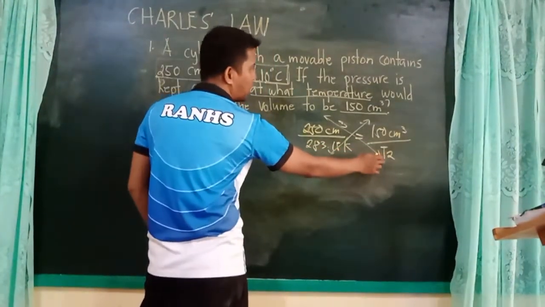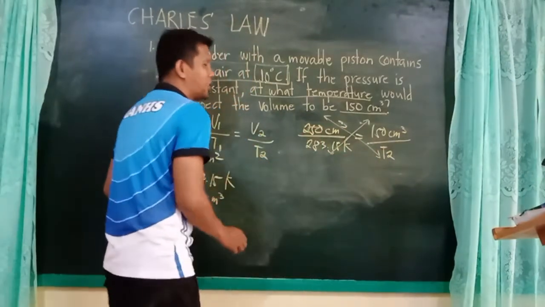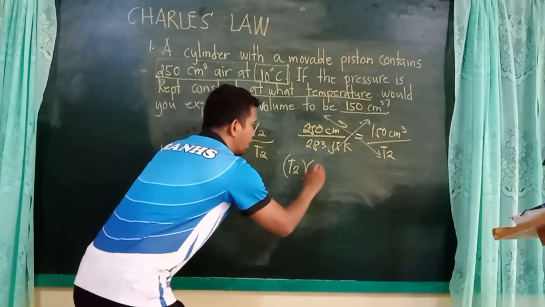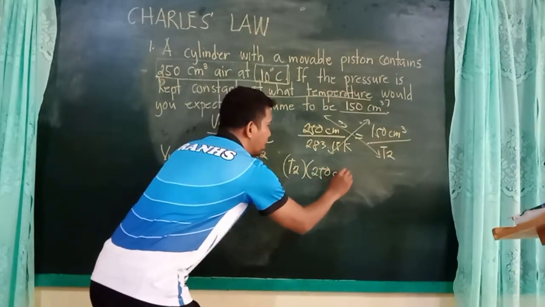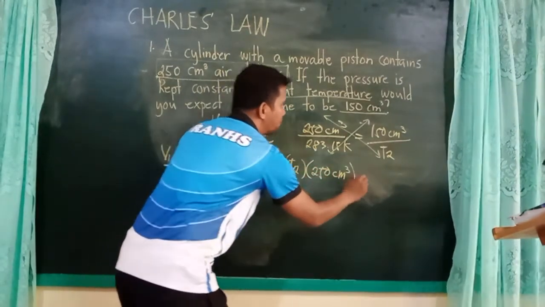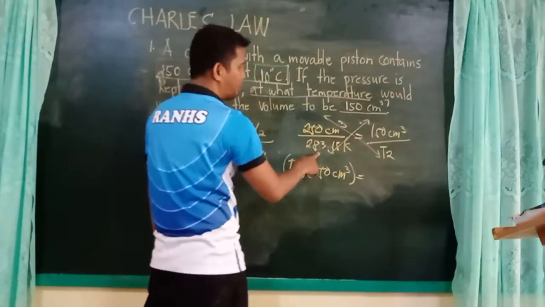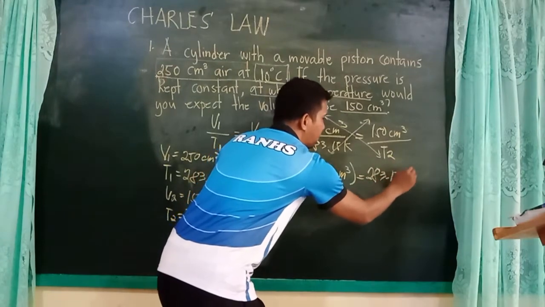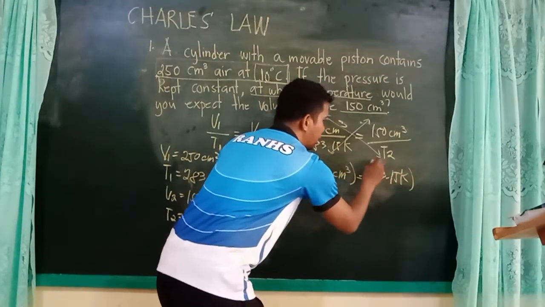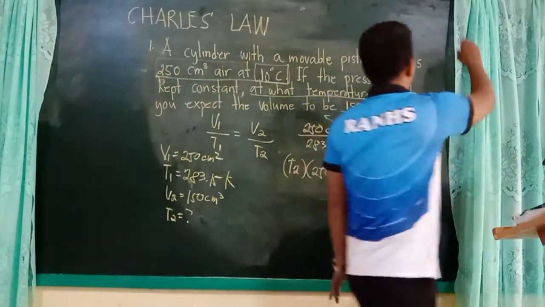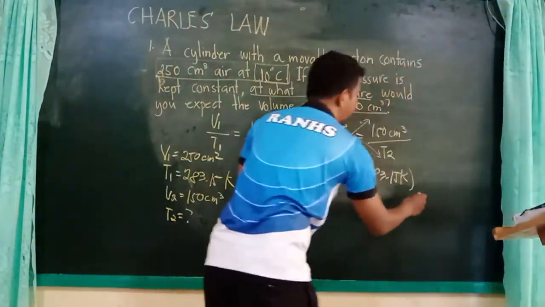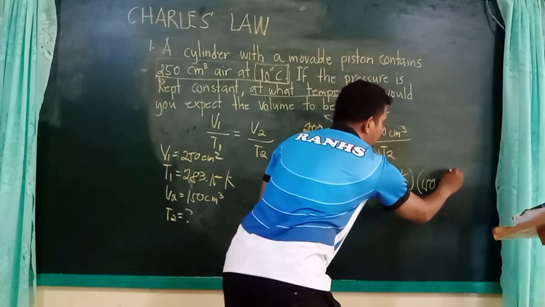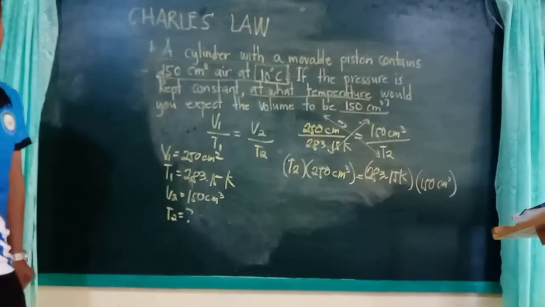Let's solve first the T2 side: T2 times 250 centimeter cube equal to 283.15 K times 150 centimeter cube. So that's how it's going to be.